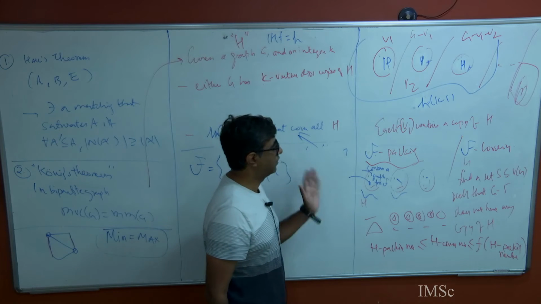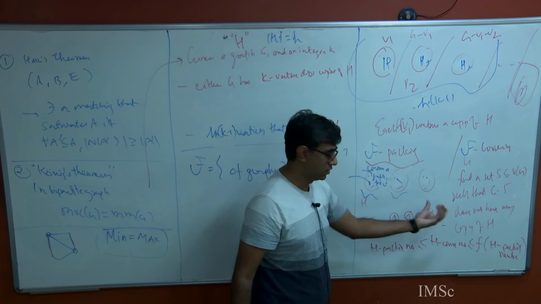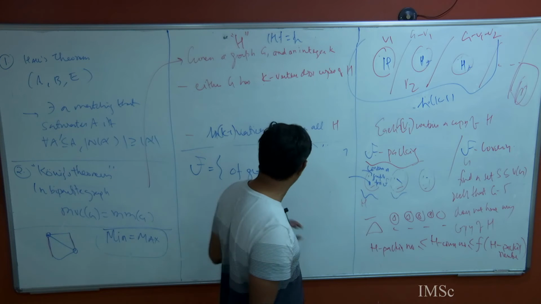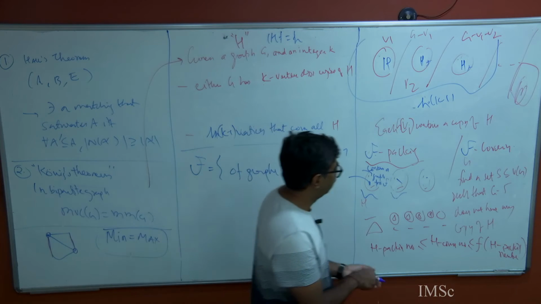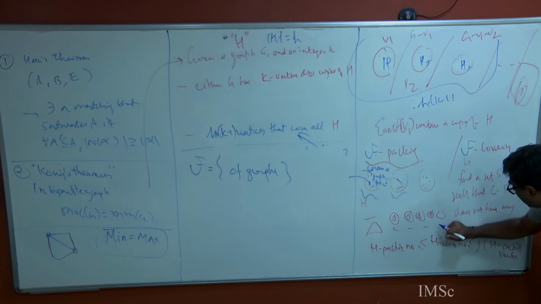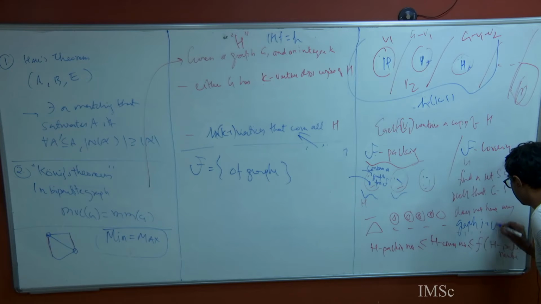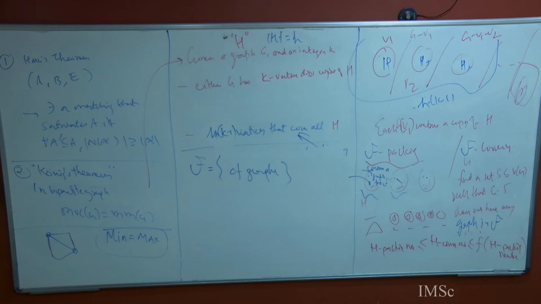I shouldn't say partitioning because it doesn't cover all the vertices, but disjoint parts, where each part consists of a graph in my family. So what will F covering be? Find a set S such that G minus S does not have any graph in curly F, in my family.